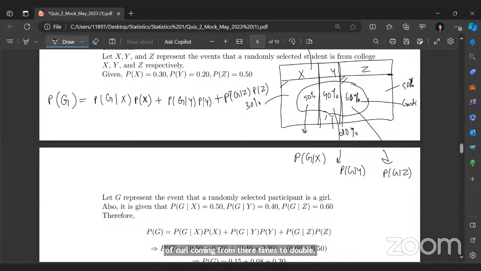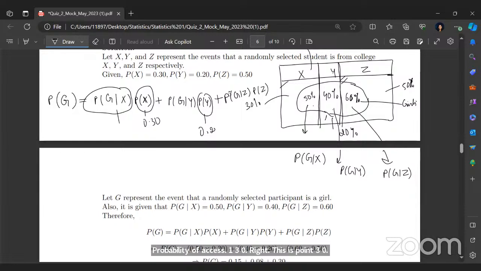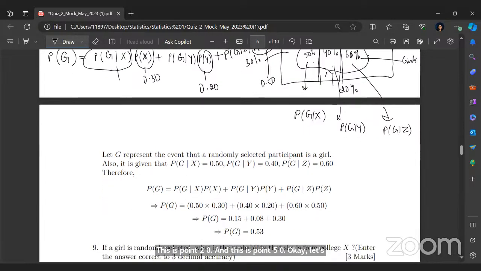And all this information is already given to you in the question. So this is 0.50, probability of X is 0.30, this is 0.20, and this is 0.50, right? You just multiply everything, and this will give you the probability that the participant you selected is a girl, and it turns out to be 0.53.